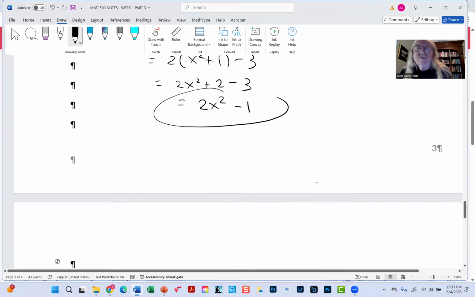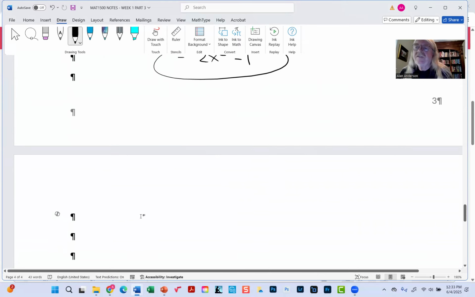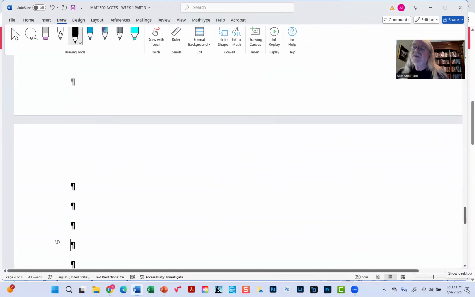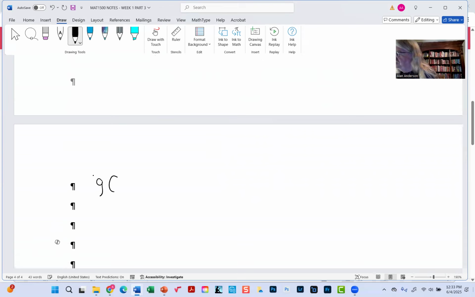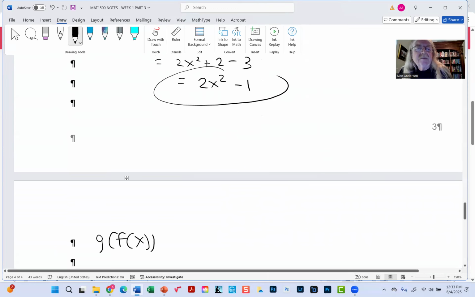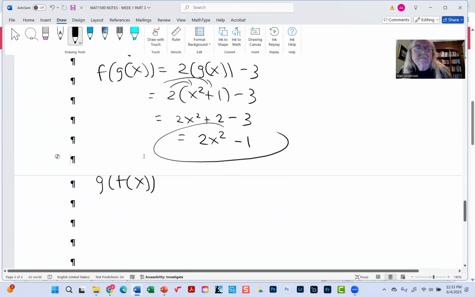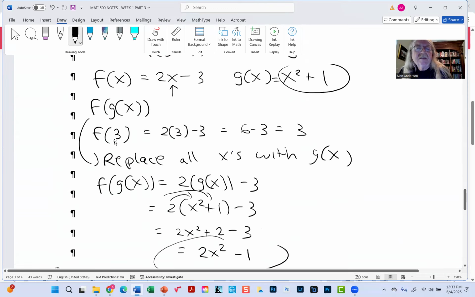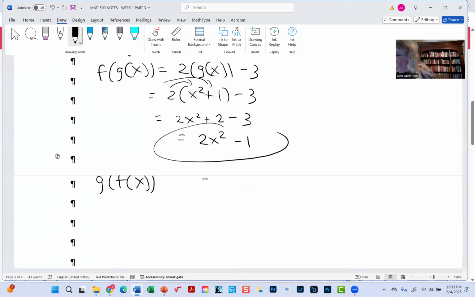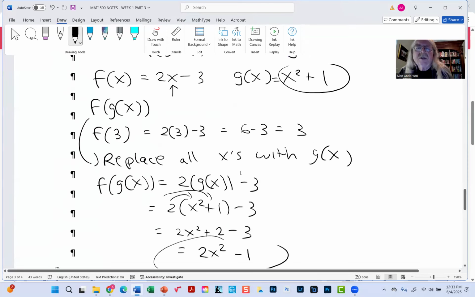Now I can also solve for g of f of x. I can let f be the inner function now. So let me do one thing here. g of x is x squared plus 1. f of x is 2x minus 3.